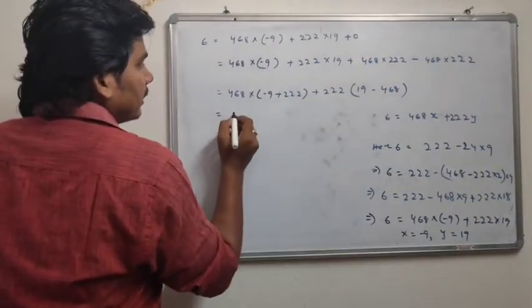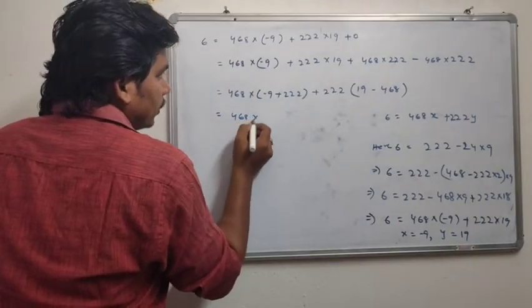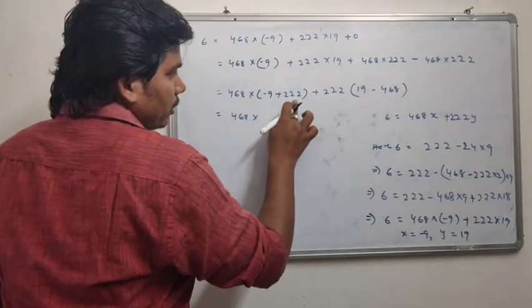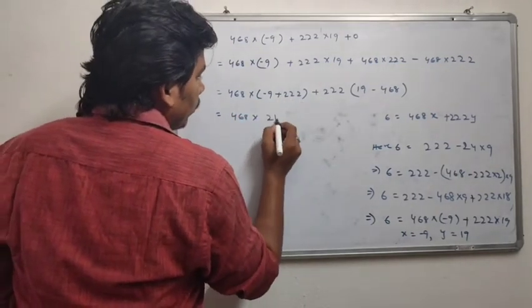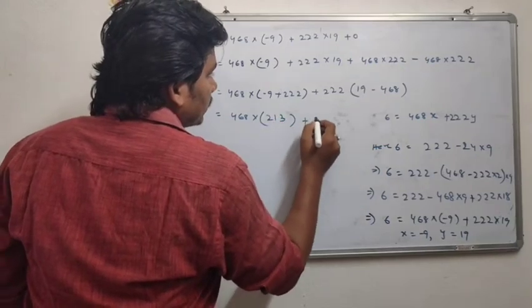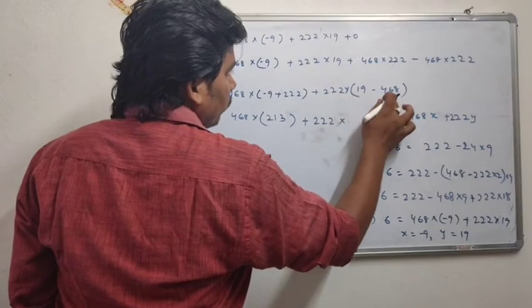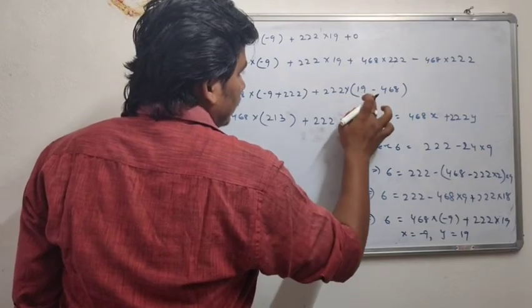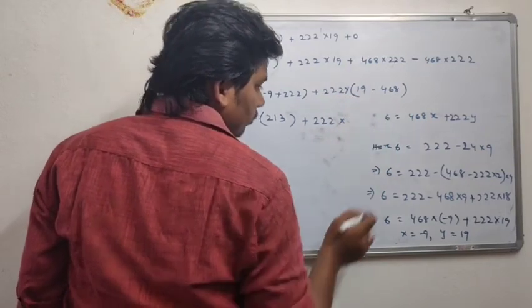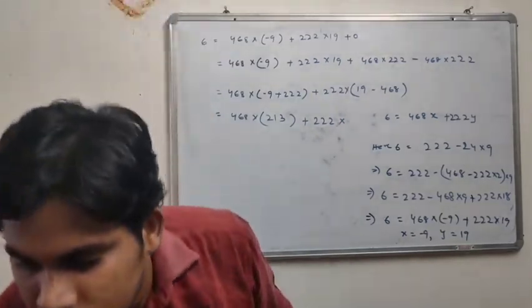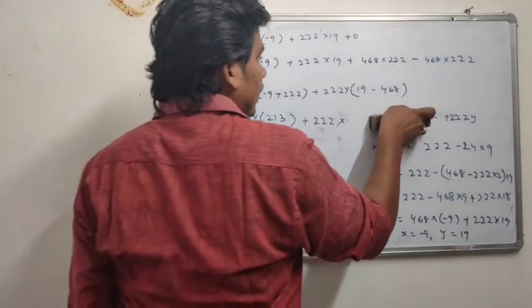What value will we get? Here, 468 into, if minus 9 is added with 222, the value we get is 213, plus 222 into, here 19 minus 468, what will we get?